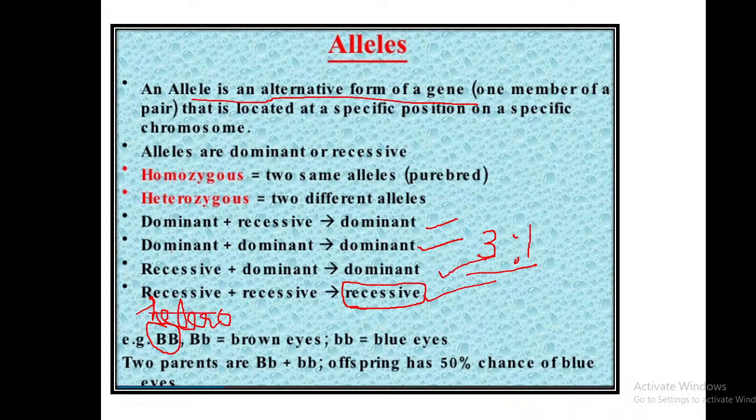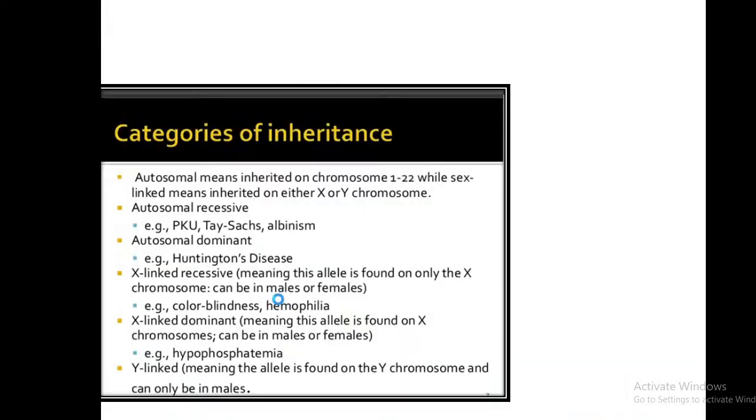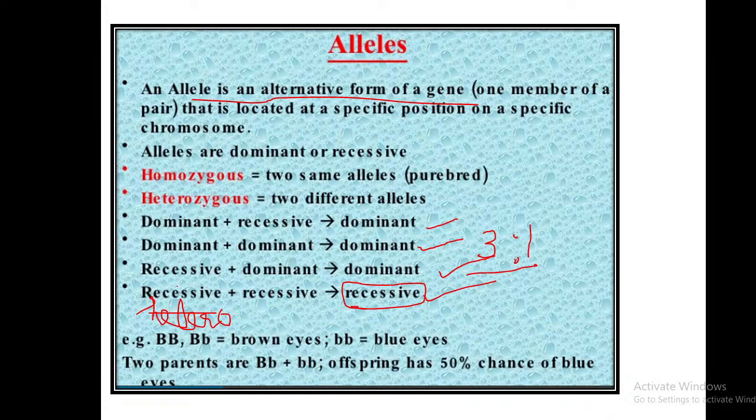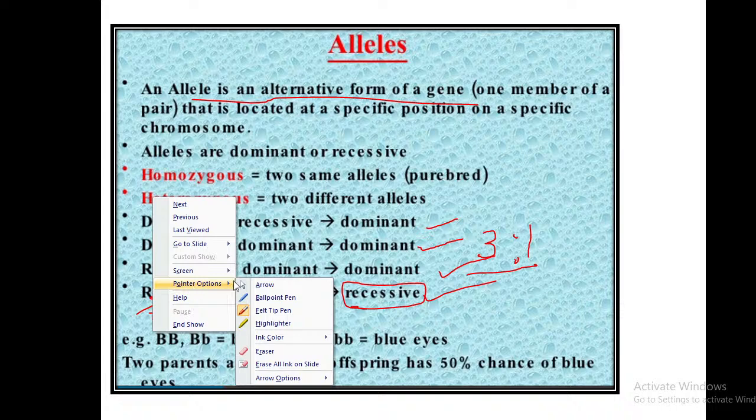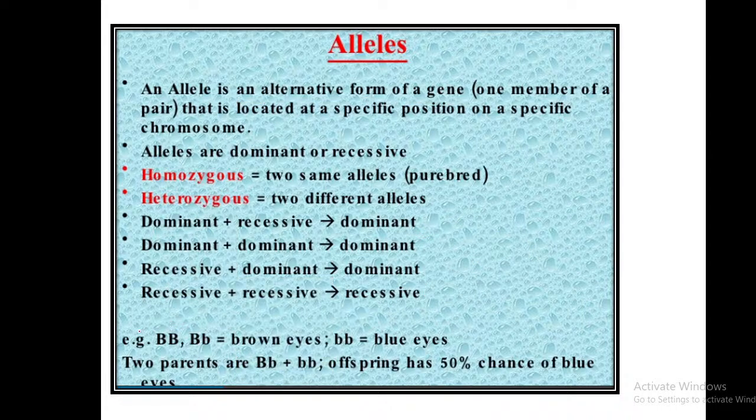Capital B means homozygous. Capital B is a homozygous condition. Then capital B, small b is heterozygous. Then small b is recessive. These are some of the terms.